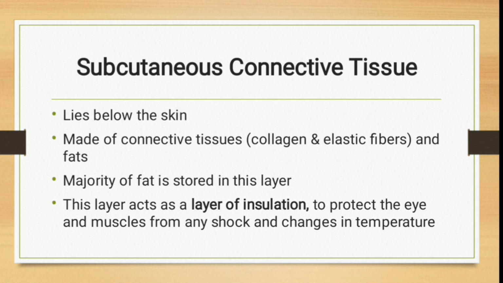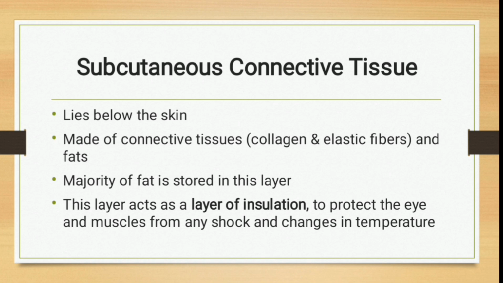As we discussed, the skin is the outermost layer and has glands that keep the ocular surface moist and the eyelashes healthy. Now the subcutaneous connective tissue works as an insulating layer, protecting from changes in the environment and any shock that could harm the eye or any ocular muscle, right?